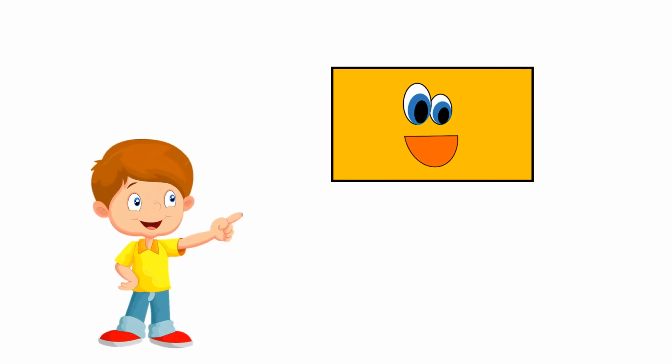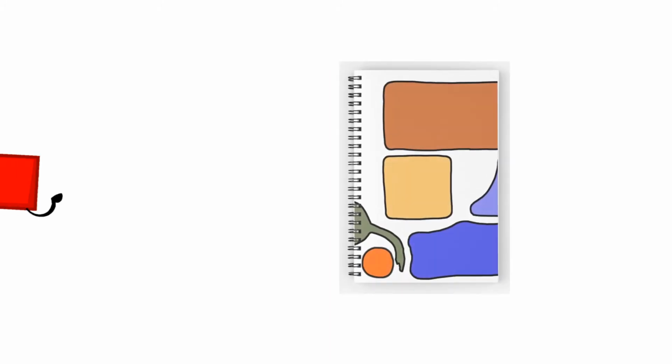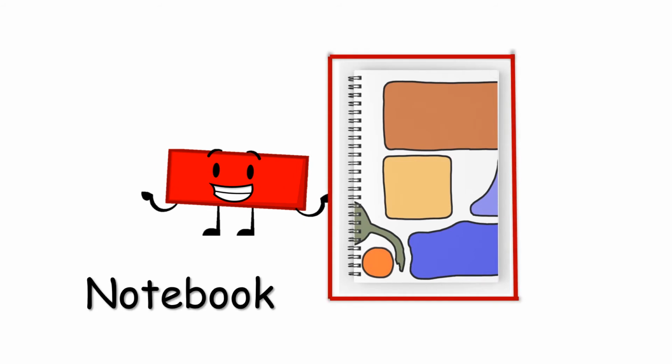I am rectangle. R-E-C-T-A-N-G-L-E. Rectangle. Notebook. It is a notebook. 1, 2, 3, 4. It has 4 sides. Kids, the opposite sides are equal.